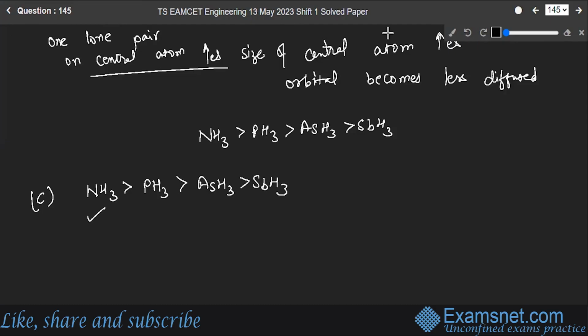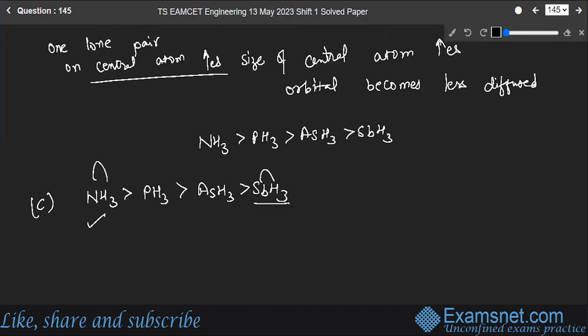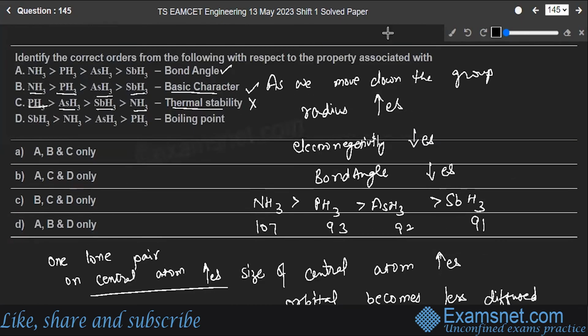NH3 is the most stable hydride because of the strong bond between nitrogen and hydrogen. The stability decreases as we move down the group in the periodic table. SbH3 is the least stable hydride because of the very weak bond between Sb and H. So this third one is wrong.